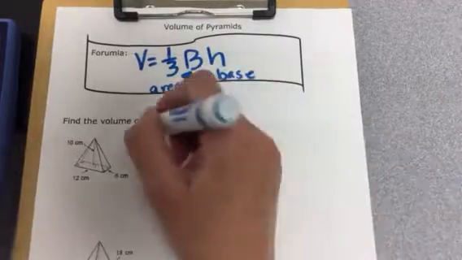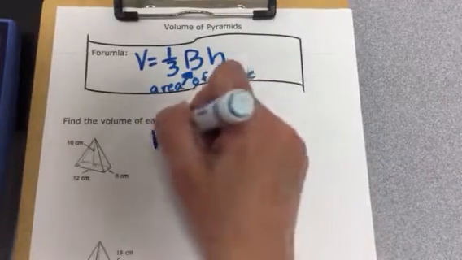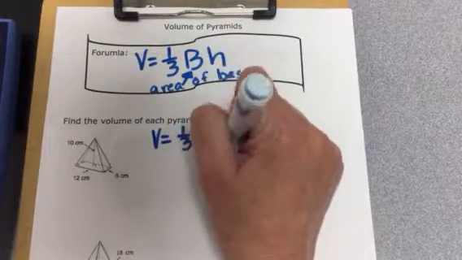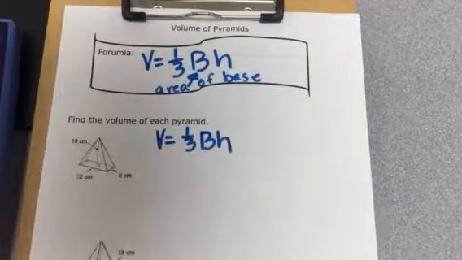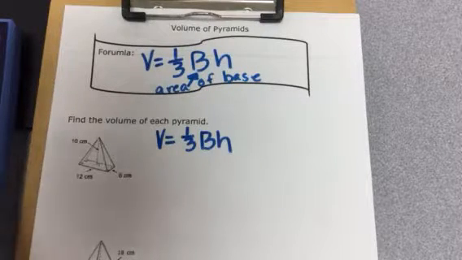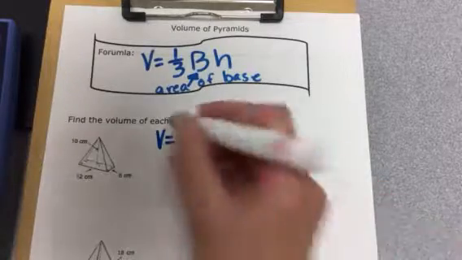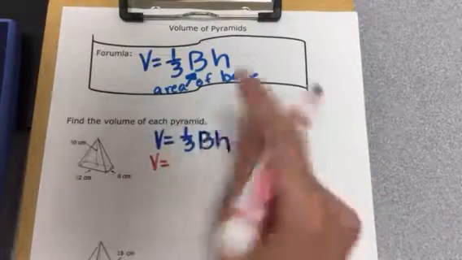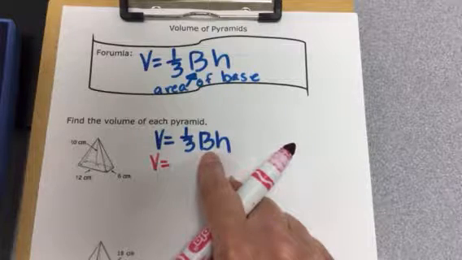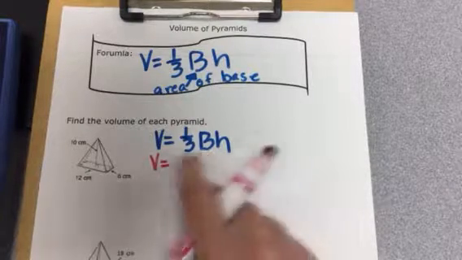So the first thing we do is write our formula. Volume is equal to 1/3 area of the base times the height. That's your formula. Now the second thing we're going to do is plug in what we would find for the big B, which is area of the base.